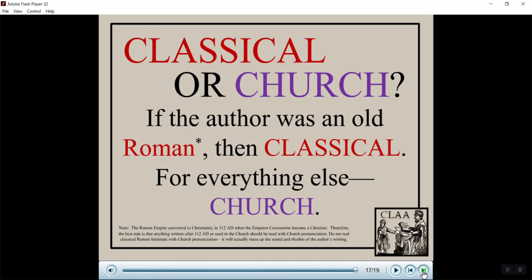Remember that the question we should always ask any time that we would need to read something in Latin is, should we use classical or church pronunciation? Our rule is that if the author was an old Roman like Phaedrus, then we would use classical pronunciation. And for everything else, we use church pronunciation.